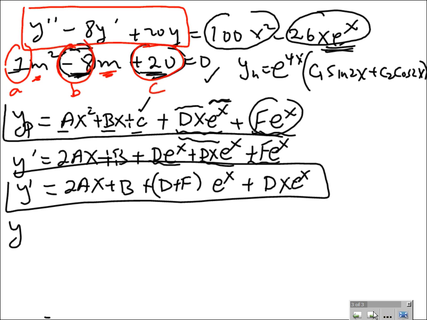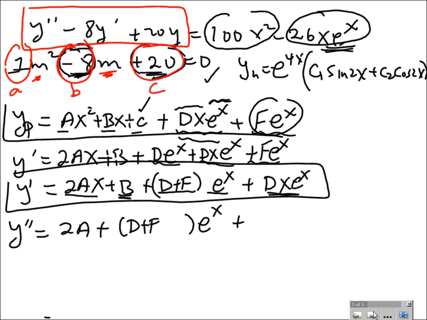Now let's calculate y double prime. The derivative of 2ax is just 2a, plus the derivative of b, a constant, is just 0. And the derivative of this times e to the x will just be that constant times e to the x, plus the derivative of this. Well, if I take the derivative of dx first, I'll get d times e to the x. Oh, those are more e to the x's.